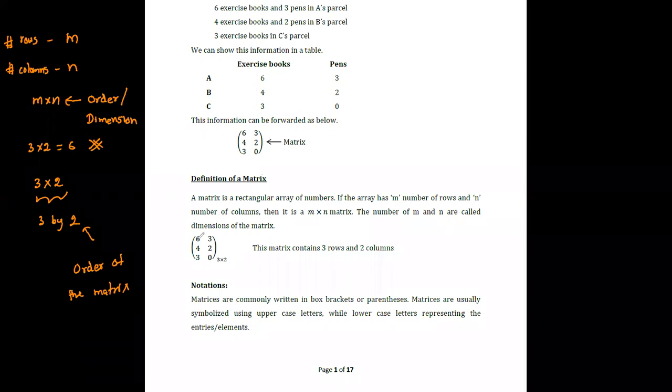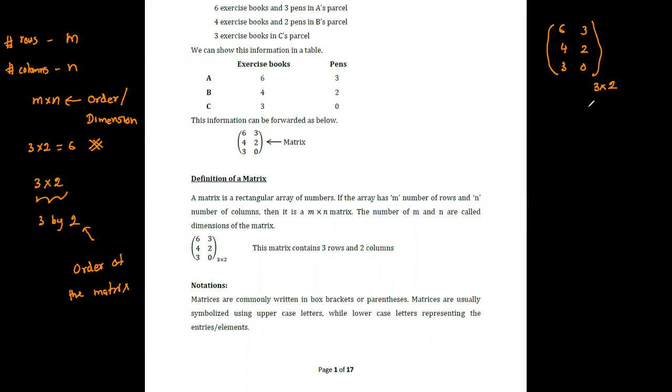Here, in this example, the matrix is written as 6, 3, 4, 2, 3, 0, and you can see that the order is given here as 3 by 2. Generally, the order of the matrix is written at the bottom right corner of the matrix.